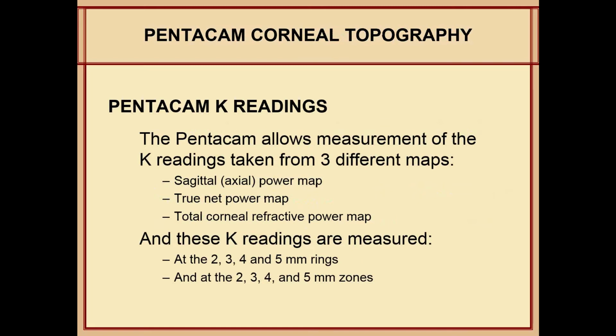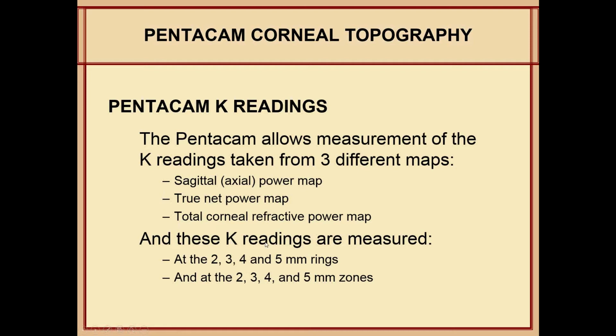Now, the Pentacam allows measurements of these K readings from 3 different maps. The first map is the sagittal or axial power map, the true net power map, and the total corneal refractive power map. So these are the main 3 maps that you see.